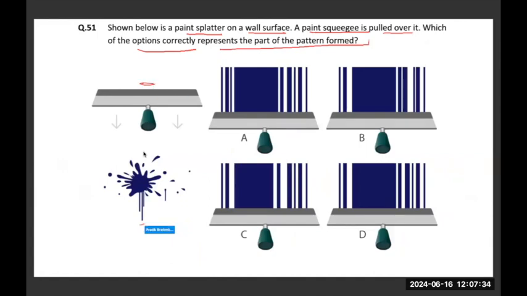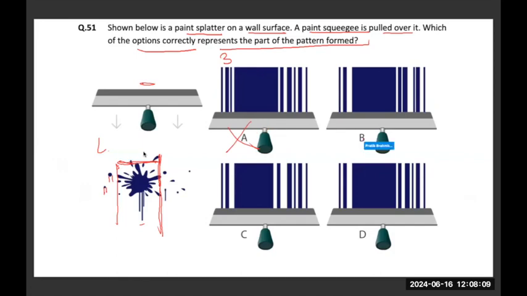In this case, when I just draw the outline or try to locate which dots will be responsible for the splatter, what I will find is the splatter will start from here, like this. Which means this much part will be one big blot and then there will be 2 strips happening on the left side. In A there are 3 strips happening on the left side, so A is wrong.